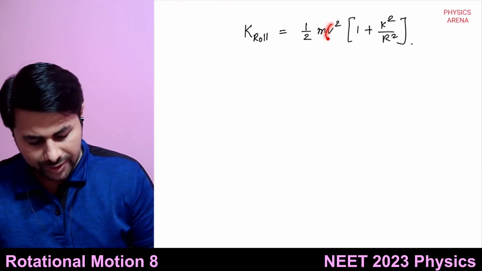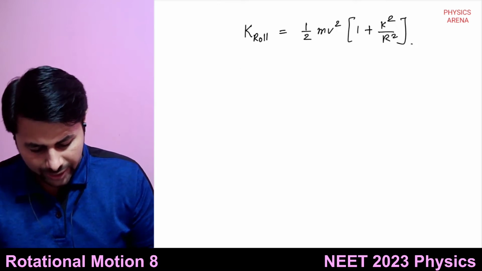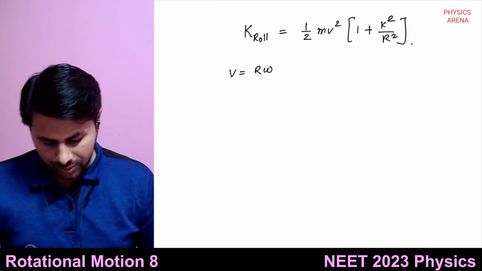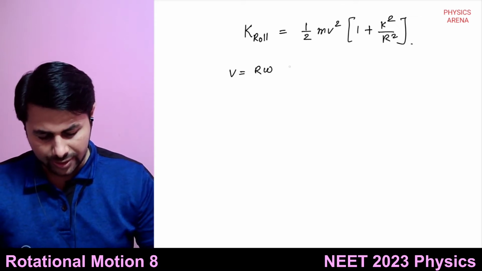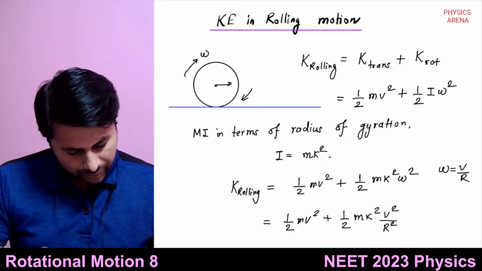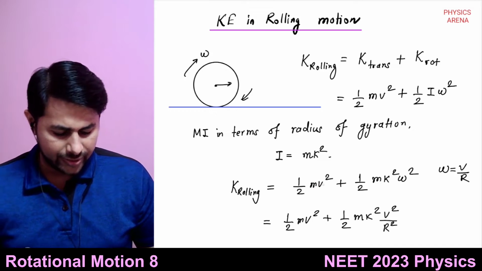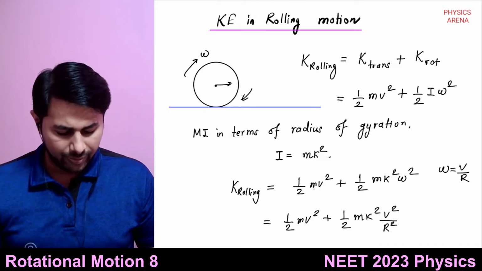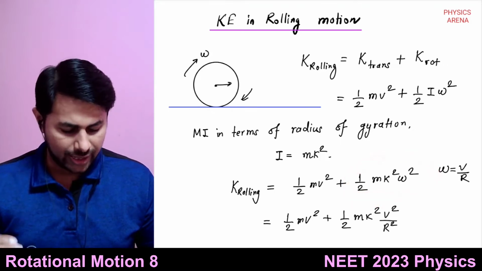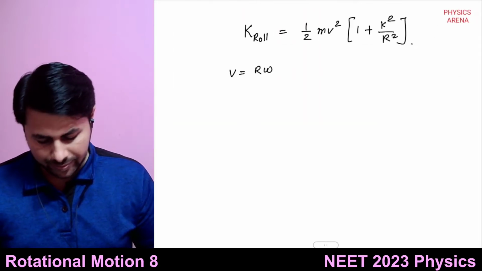Then we can also write v is equal to r into omega. So in terms of omega, what do we get? If we substitute v equals r times omega in this formula, it will be half of m multiplied by r square omega square plus this term, half of m into k square into omega square, right?